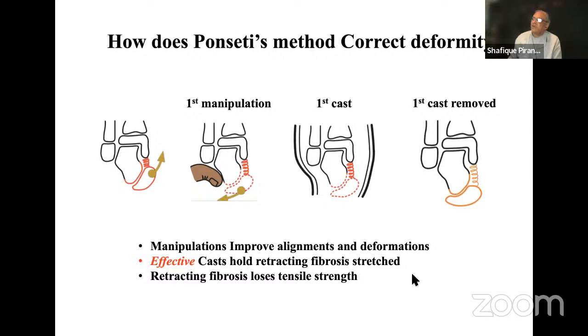When we remove the cast, you can see the red has gone to an orange, which is somewhat improved. The spring is a little stretched. The important point here in red is that the cast must be effective, i.e., if you put on a loose cast, then it doesn't work. The cast has to hold the foot in the maximum corrected position, because it's only then that the retracting fibrosis will lose tensile strength.